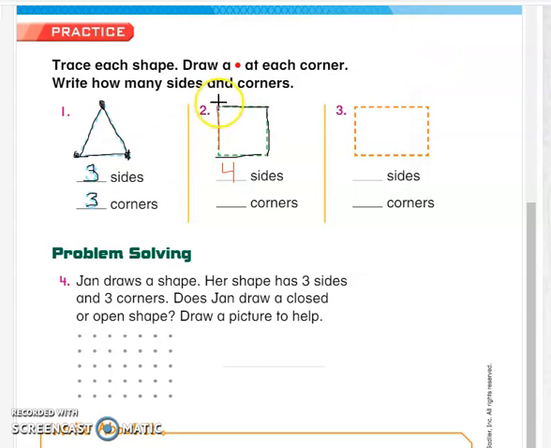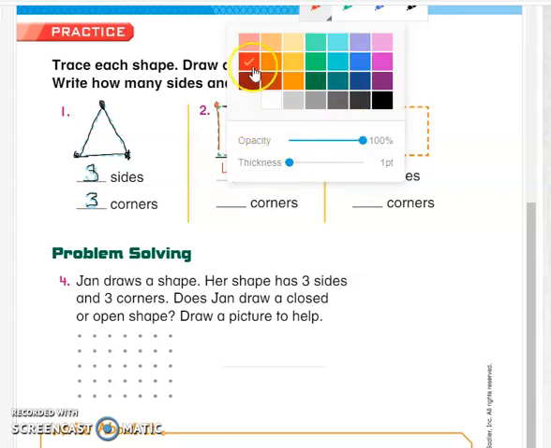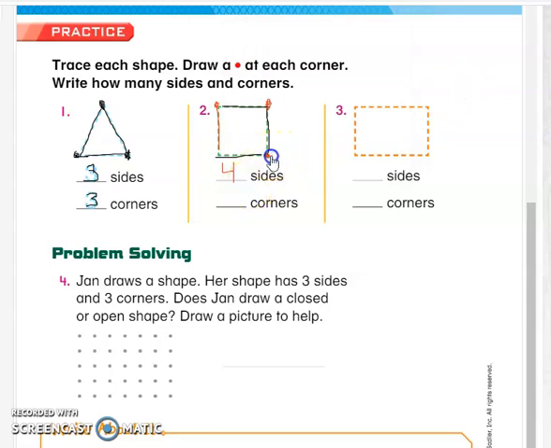All right, I have 1, 2, let's try this, 3, and 4.